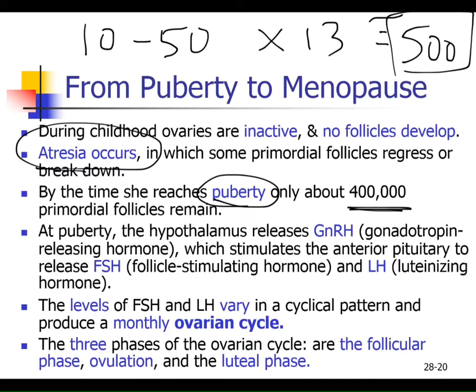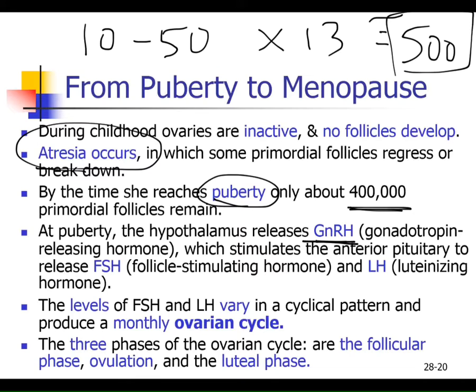What kicks this whole thing into gear, and is true in the male as well, is that the hypothalamus starts to produce a hormone called GnRH. I'm going to have you hold on to some of these hormones. There are about 5 hormones that you've got to keep track of in this discussion, and this will be new. I didn't mention any of this in the lab. GnRH, gonadotropin releasing hormone.